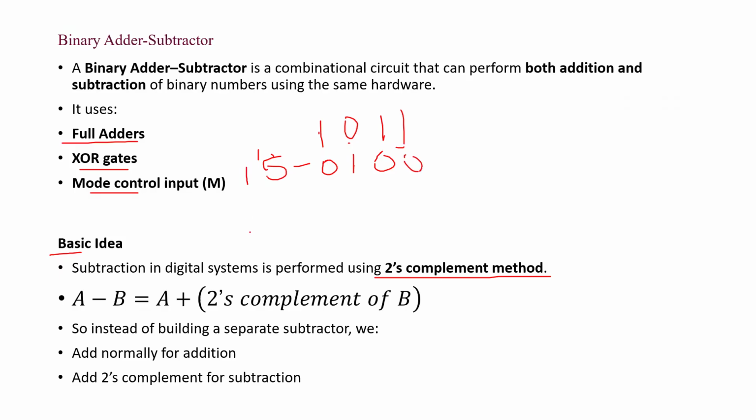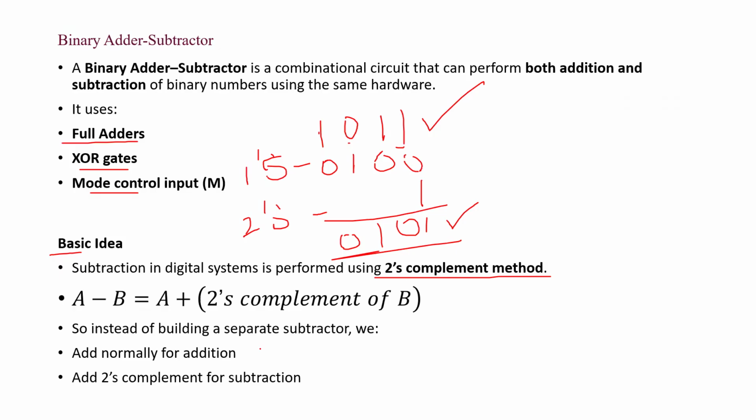Now for the 2's complement we need to add 1 here. So 1, 0, 1, 0, and my 2's complement for this number is 0, 1, 0, 1. This is the format we follow for the 2's complement.